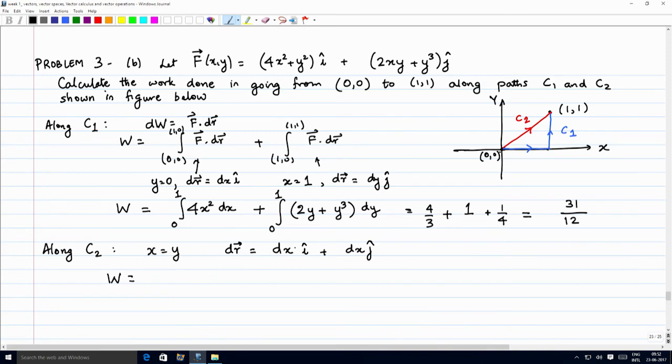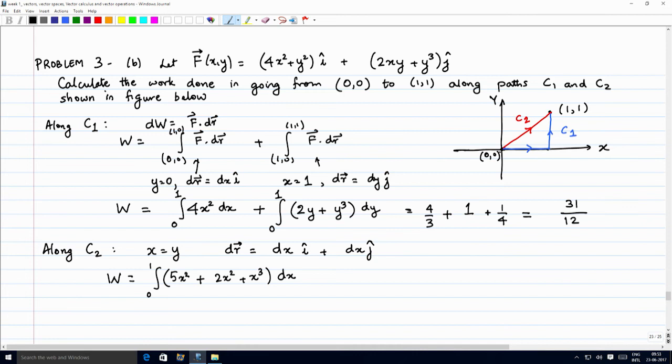If I just substitute this in this expression, f dot dr, and I replace y by x, I have 4 x square plus x square, so that is 5 x square, and then I will have a dx, plus 2 x square plus x cube dx, integral, and x is going from 0 to 1.